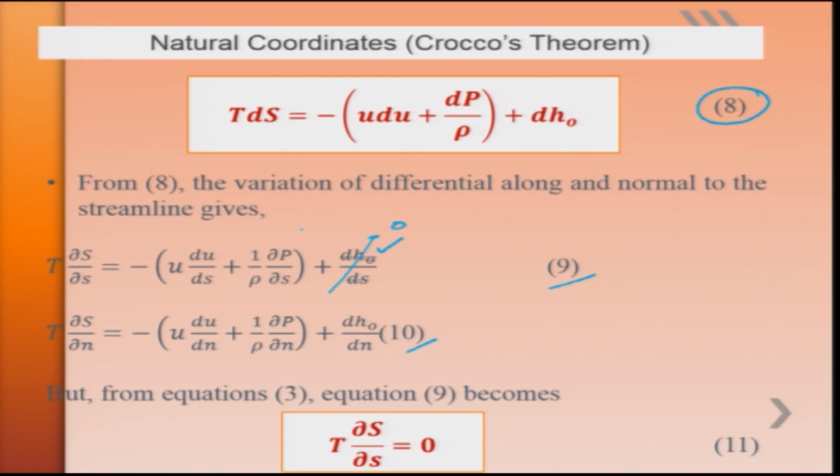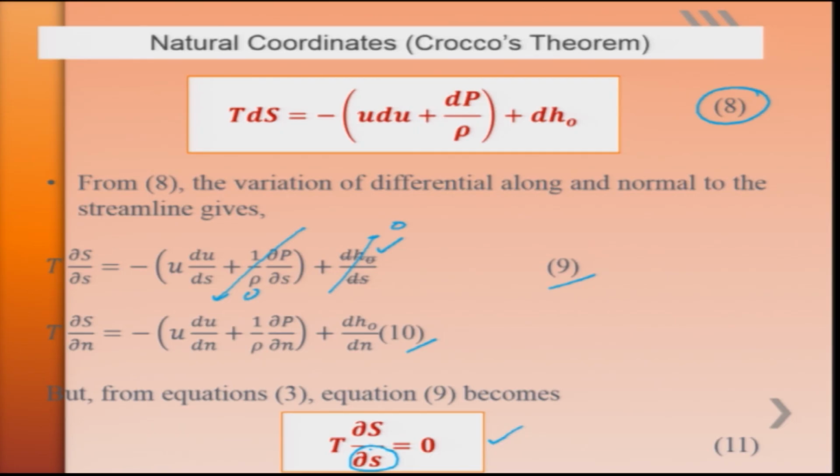Therefore, T ds by ds is equal to 0. That is, if the process is steady, inviscid, non-conducting and adiabatic, then entropy is also constant along the streamline.